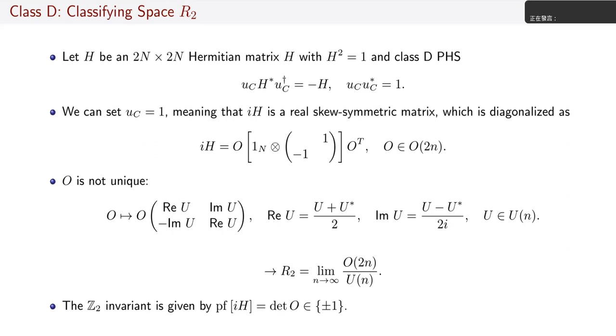So you mean there's no correspondence between the periodic boundary Hamiltonian and the boundary. Yes. I'm not sure.